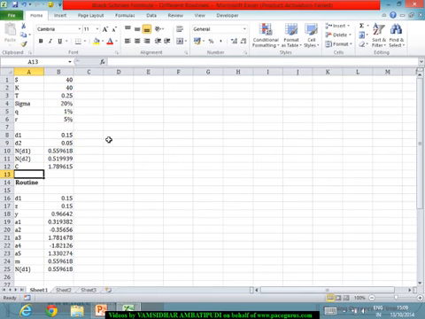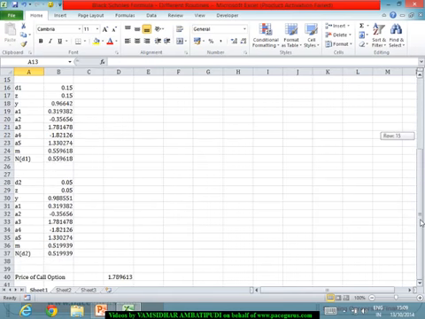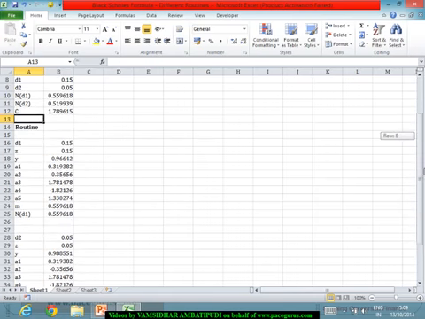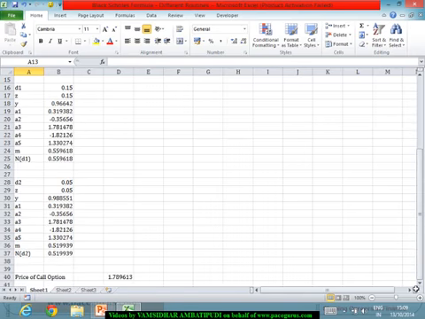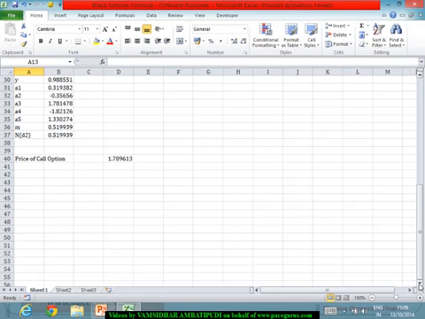So this is giving me the price of the call option as 1.789615. This has given 1.789613. So there's a small change between the two methods, probably at the sixth decimal place. That is where the difference is typically coming up. Right? Now, the same logic I can very well rely on.